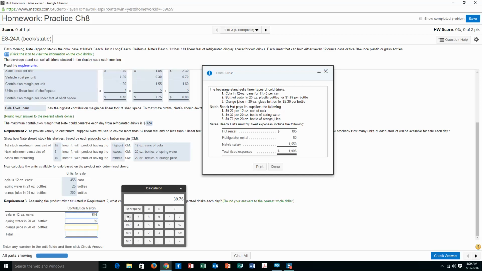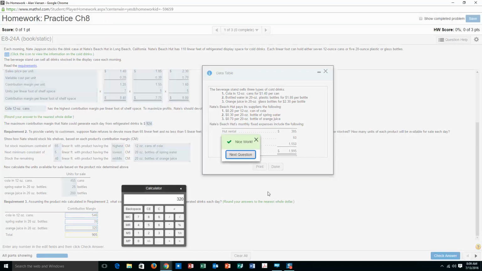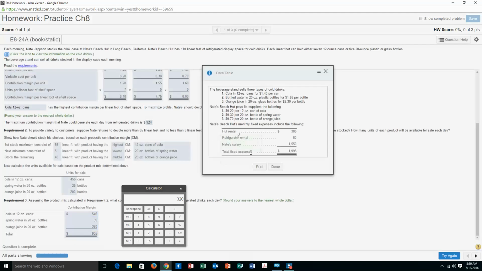I apologize, it's not perfect, but it's still a good management system. And then the last one will be 40 feet times $8, and that doesn't have any fractions, so we don't have to worry about that. And then adding this all up, we have a total of $905 as our contribution margin using the product mix that we determined in the previous situation.